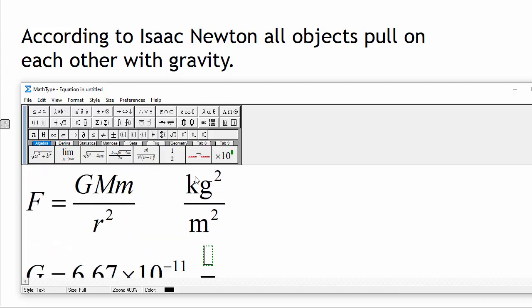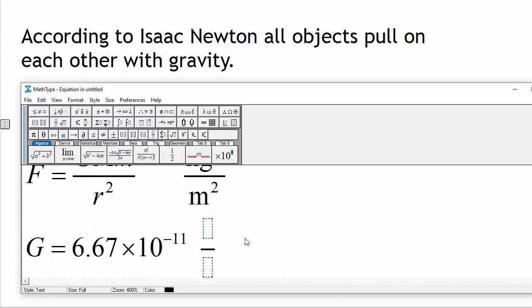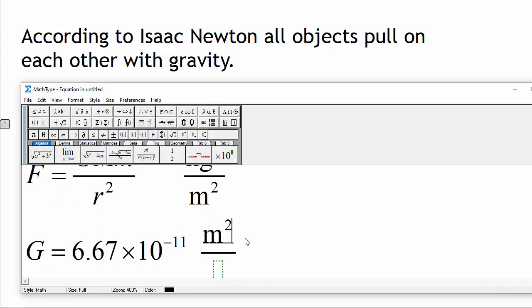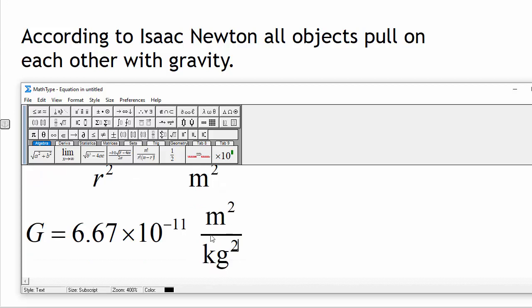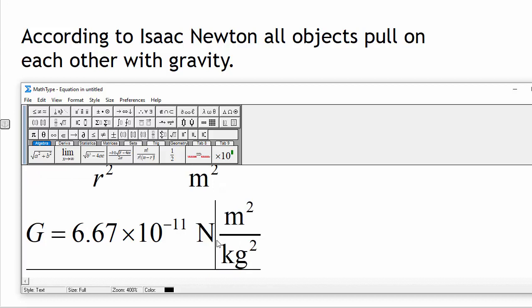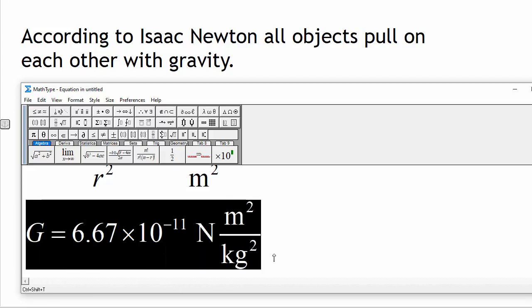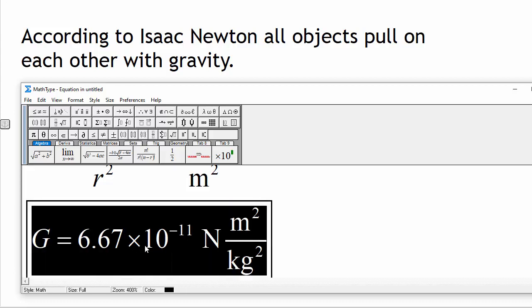First, to get rid of kilograms squared per meter squared, we're going to put meters squared per kilogram squared. This ensures that we have no units left. We'd like newtons, so we're just going to put newtons in the beginning of that. And our universal gravitational constant is 6.67 times 10 to the negative 11th newtons meters squared per kilogram squared.